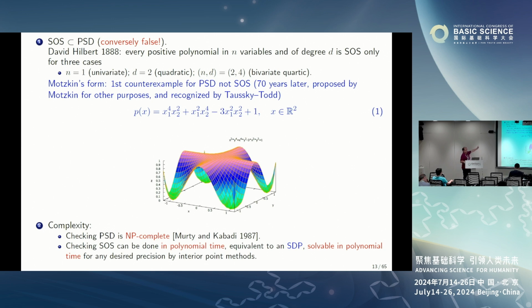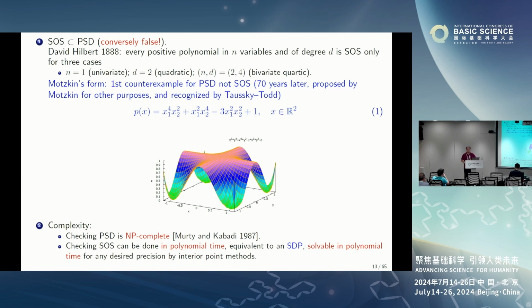The first is the one variable, univariate case. Second, the quadratic case, like the example I showed you in the previous slide. And the third case is for 2 variables and degree equal to 4. In all other cases, Hilbert said that counterexamples always exist, but he hadn't found any example.